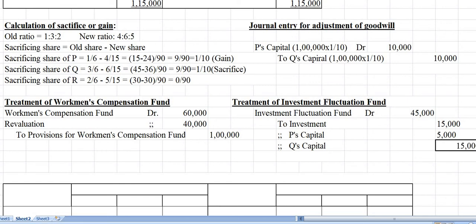So 15,000 is written. Then for R's capital, for him 10,000, that 10,000 also written. So this is the treatment of investment fluctuation fund. So investment fluctuated by 15,000. In order to adjust that 15,000, we have to take the amount from investment fluctuation fund, and remaining will be transferred to capital account of partners.